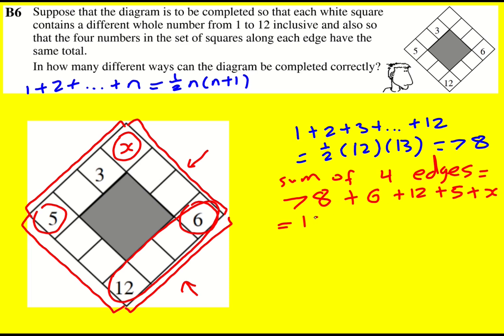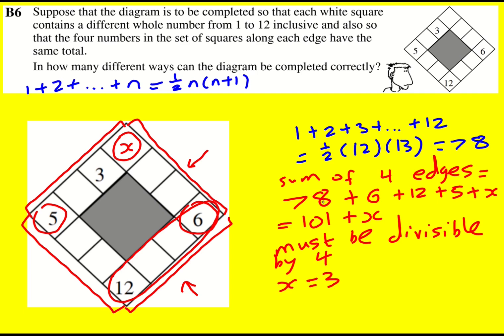Then plus 11 gives 101 plus x. So this must be divisible by 4, so that each edge adds to the same thing. And therefore x will equal 3 to give 104.